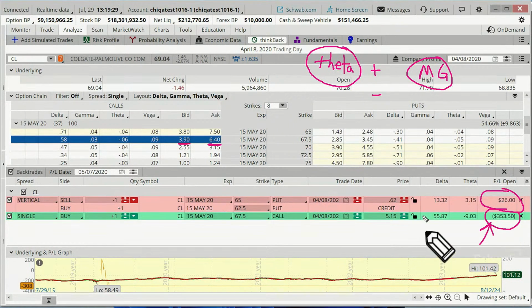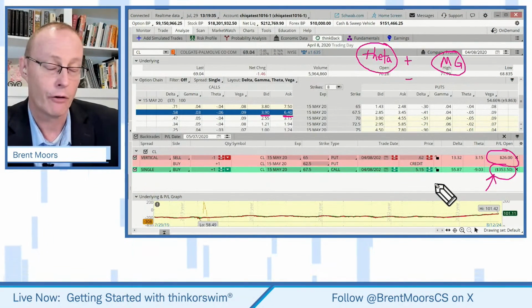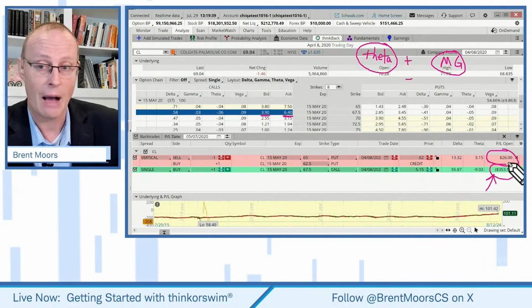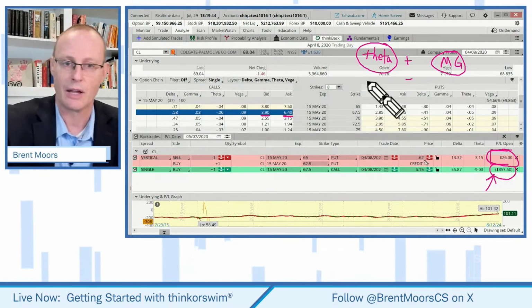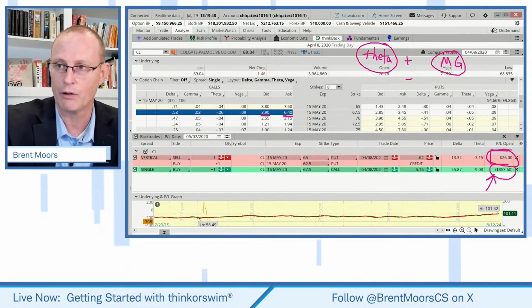So if you want to compare one strategy to another, and this isn't a recommendation of a strategy, but it's a way for you to compare different strategies, you can do it that way. And there we go. You can see those two different trades side by side, with several years of data to go back through.